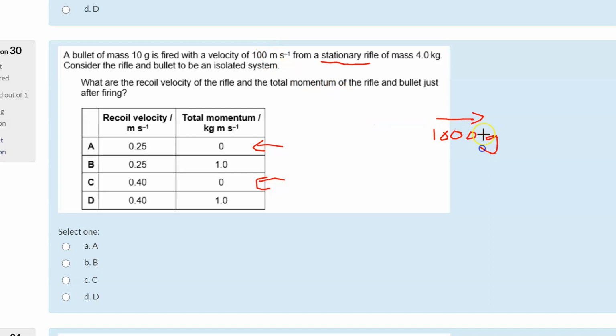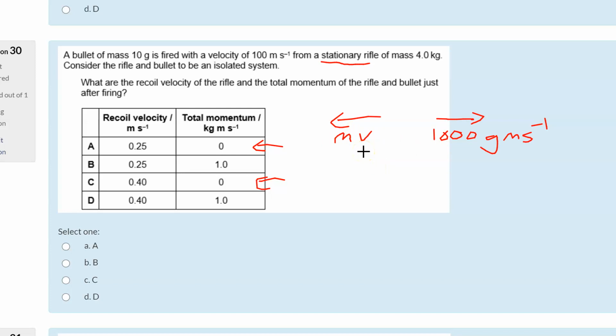so that's 1,000 meters per second. I know that's not the correct units, but that's one lot of momentum. Therefore, the rifle must also have 1,000. So that equals the mass of the rifle times the velocity of the rifle.